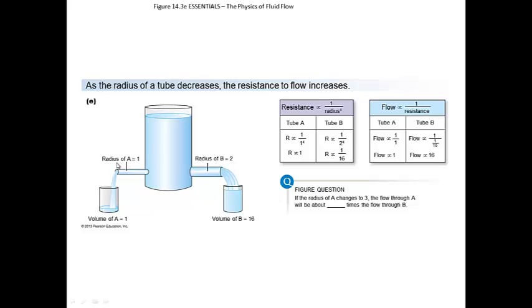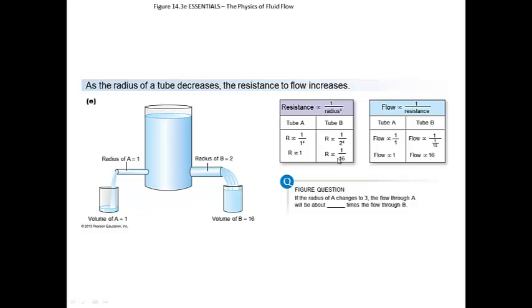So when the radius of tube A is 1, 1 raised to the 4th power is still 1. And then 1 over 1 is obviously going to be 1. So our resistance is going to be given a value of 1 in this case. In tube B, if we double the radius to a value of 2, 2 raised to the 4th is going to give us 16.